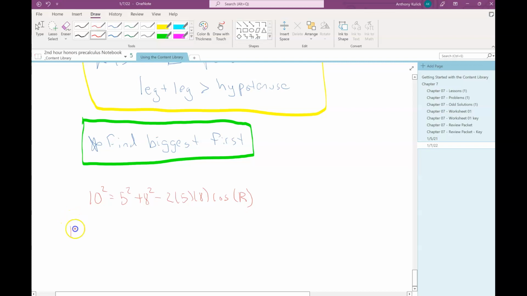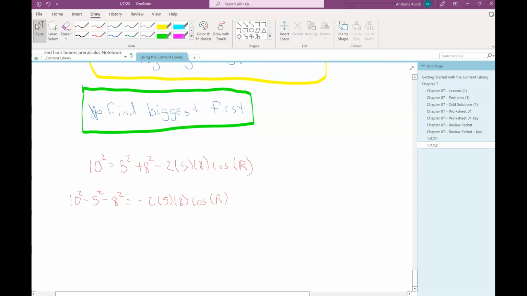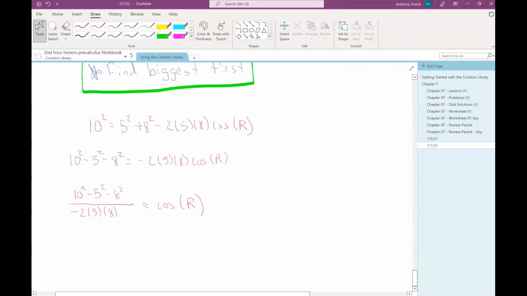So I would subtract the 5 squared over and the 8 squared over. And then divide over the negative 2 times 5 times 8. I should say negative 2 times 5 times 8. I don't think I said the negative. That's also a fairly common mistake, students dropping the negative and then getting all kinds of kooky errors.